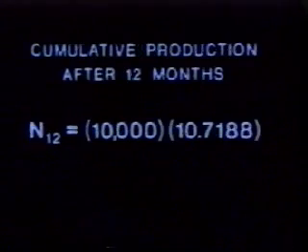For example, if the initial production rate is 10,000 barrels per month, we would enter the table at the 12th month and multiply each value by 10,000. This would give us a production rate in the 12th month of 8,090 barrels per month and a cumulative production of 107,188 barrels during the first year. A number of these tables appear in your workbook, where they're available for easy reference.